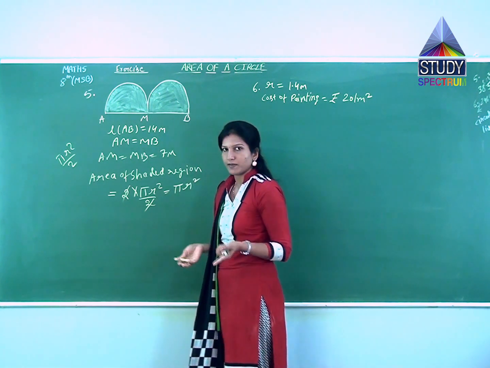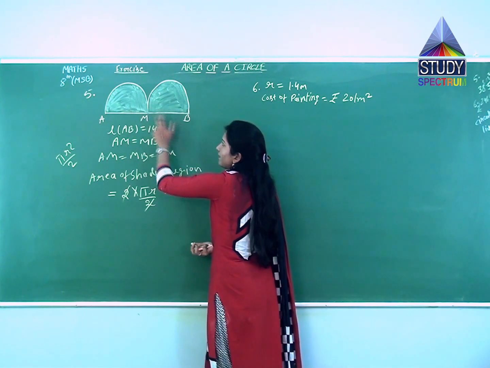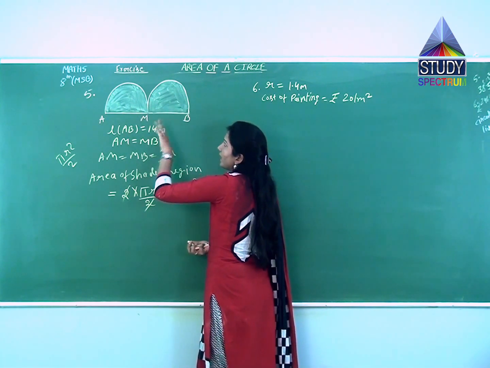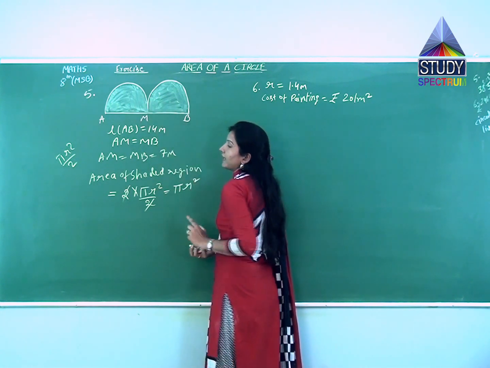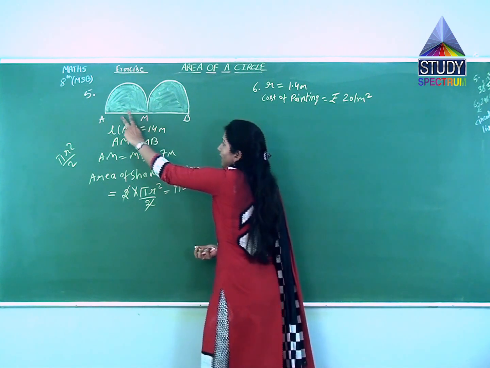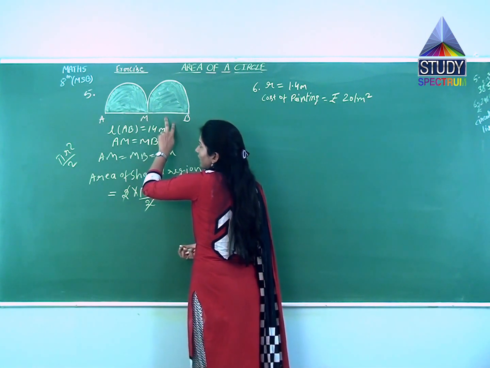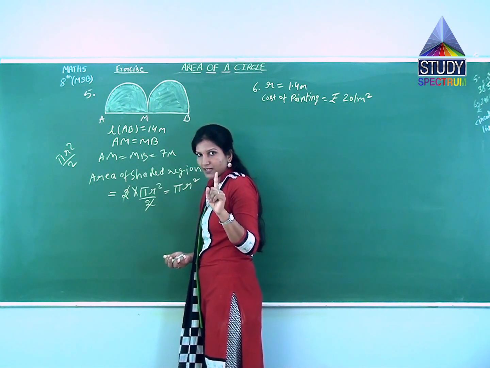We can understand this in another way. The two semicircles having the same diameters, if we add these two semicircles, we will get one complete circle. That's why these two semicircles are part of one same circle.